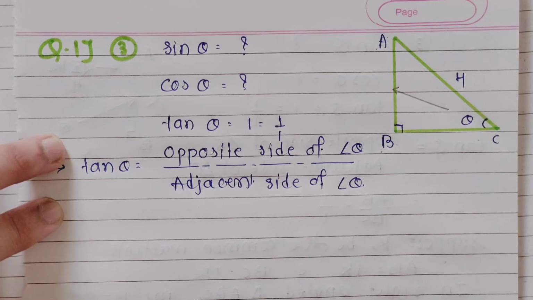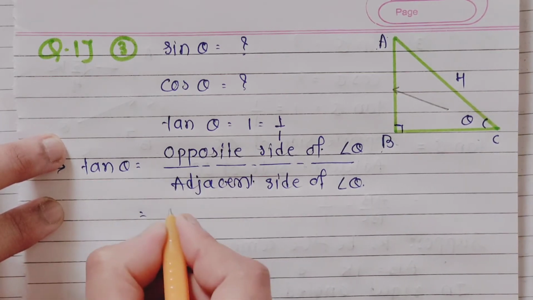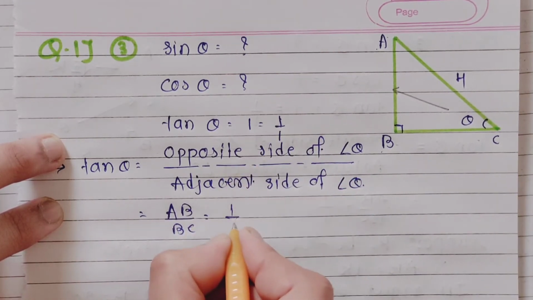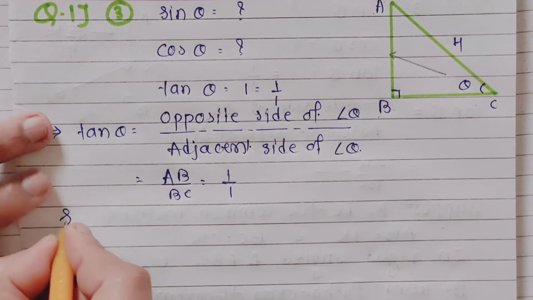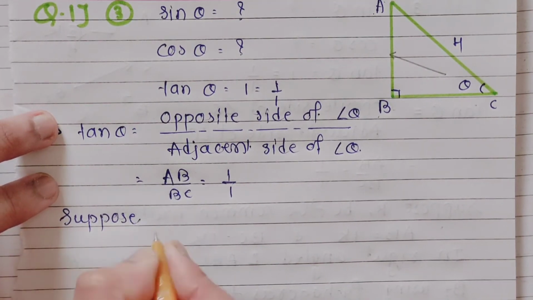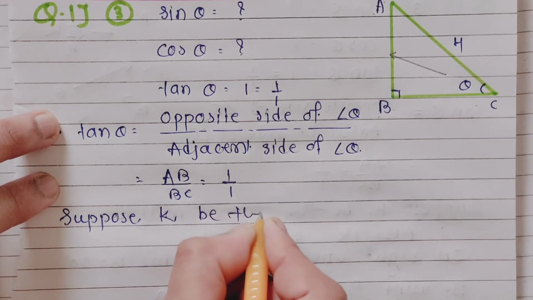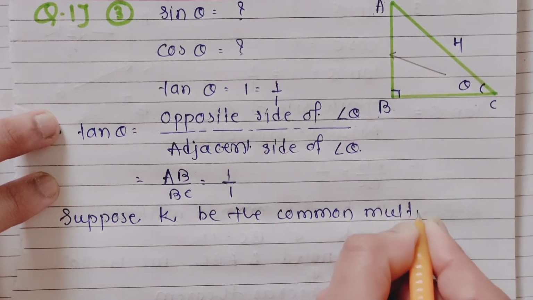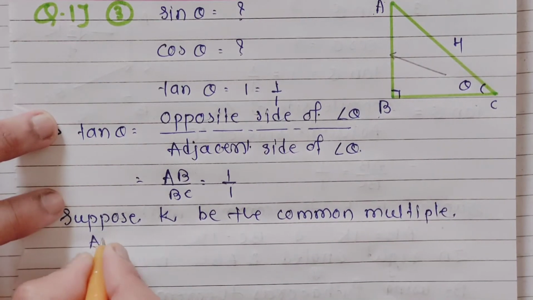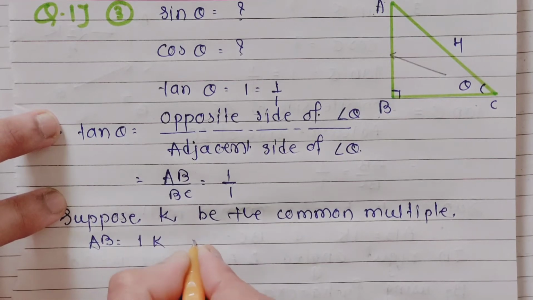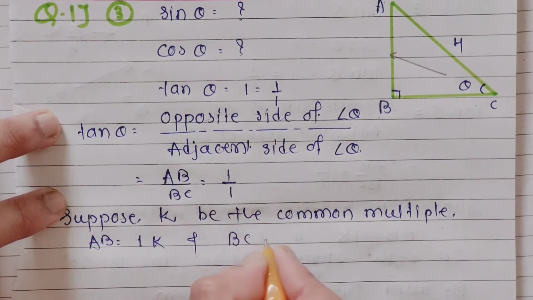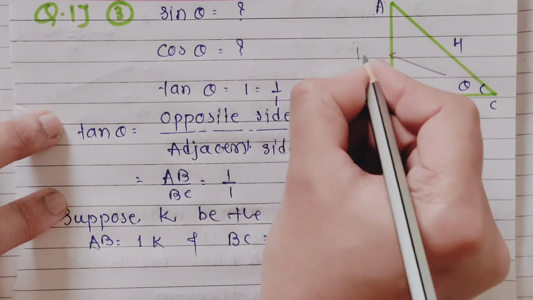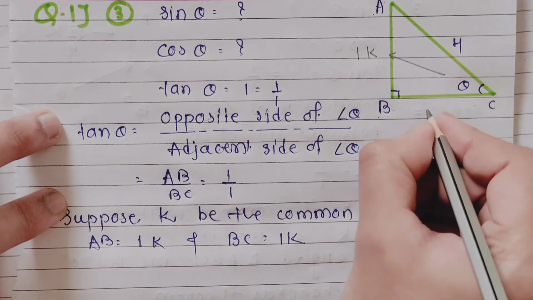So we can write AB upon BC is equal to 1 upon 1. Suppose K is the common multiple, so we can write AB is equal to 1K and BC is equal to 1K. Is it clear? So AB is 1K and BC is also 1K.